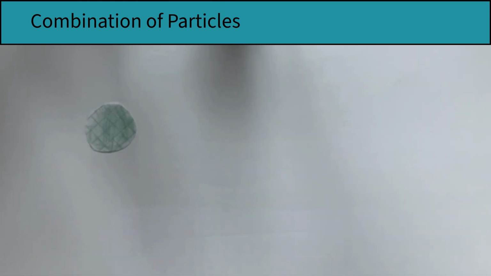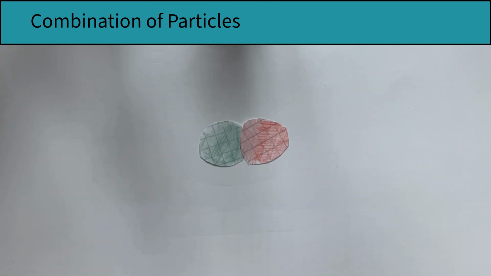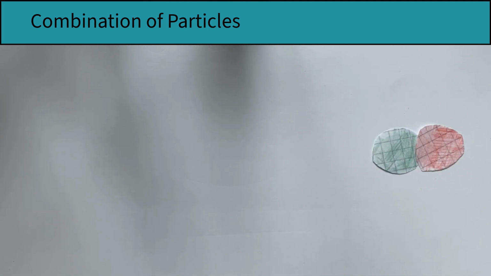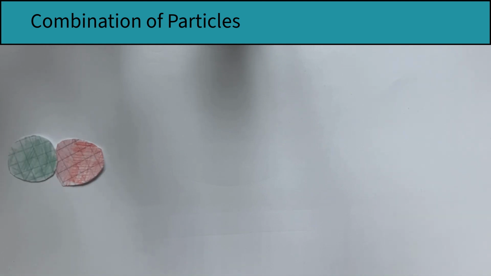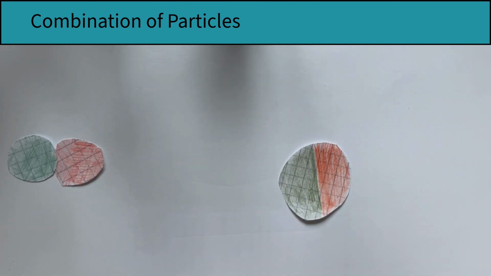In some questions, two particles will collide and then coalesce, meaning that they can be considered as one, almost like they are glued together and travelling as one. You can either treat it as two particles travelling at the same speed, or as one particle with a combined mass of red plus green, so the masses of the two.